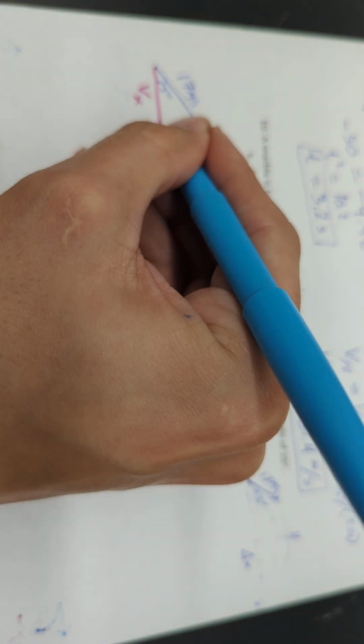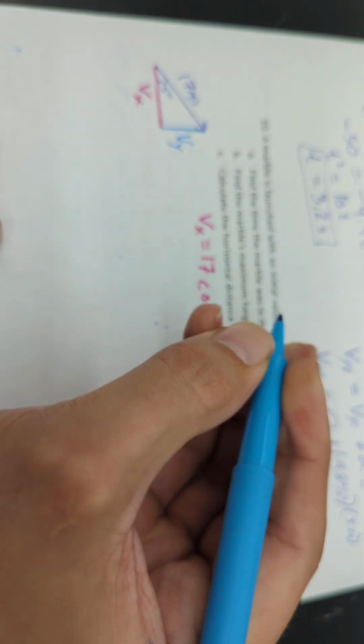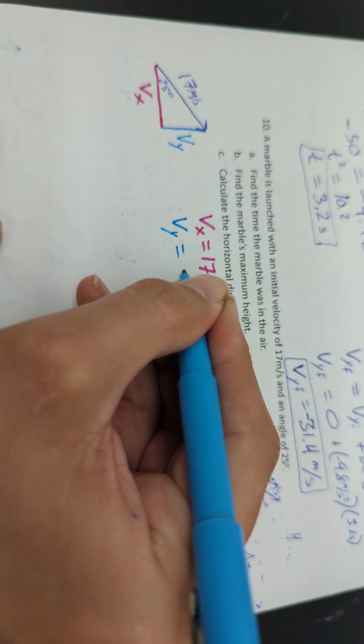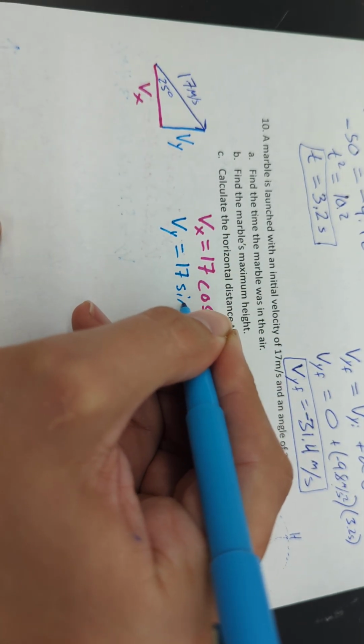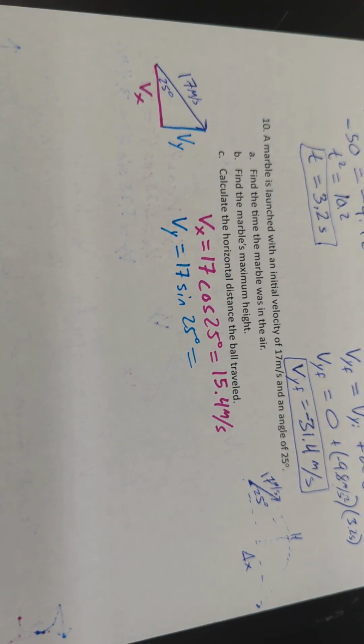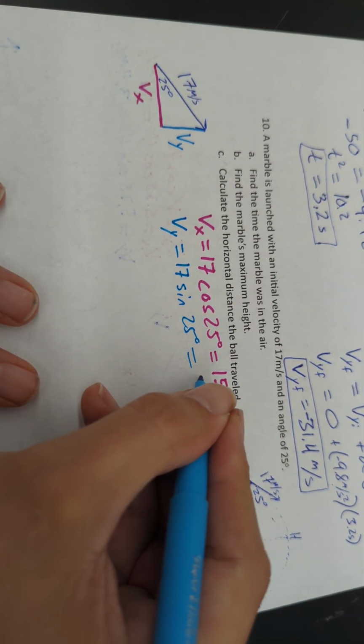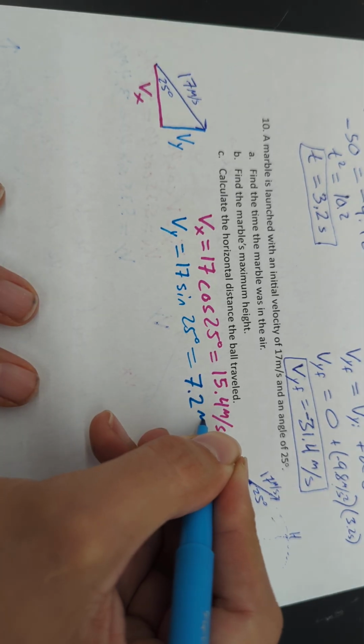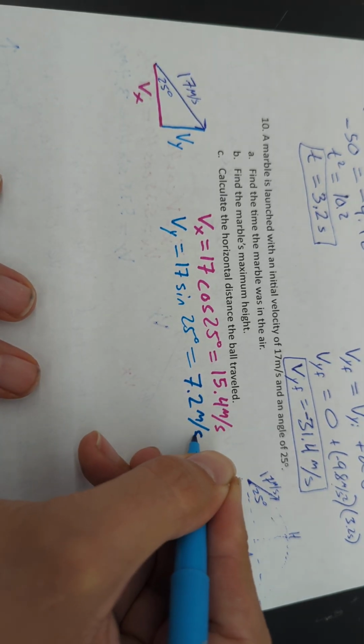And we can also get Vy. Vy would equal 17 sine of 25 degrees, which is about 7.2 meters per second.